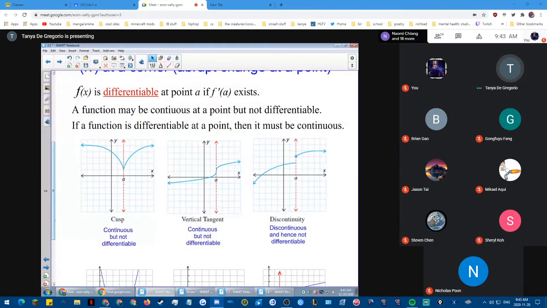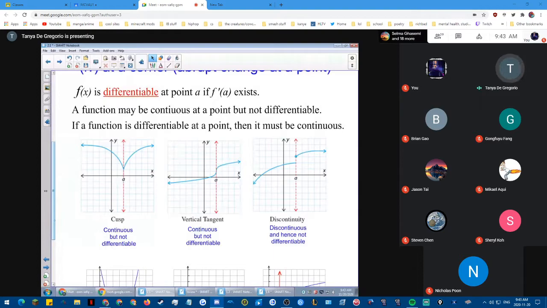You can print it, it will be posted. You can print it or copy it out. So f of x is differentiable at point a if the derivative at a exists. A function may be continuous at a point, but not differentiable. So just because it's continuous doesn't mean that you can take the derivative at that point. And we saw that with the absolute value function.